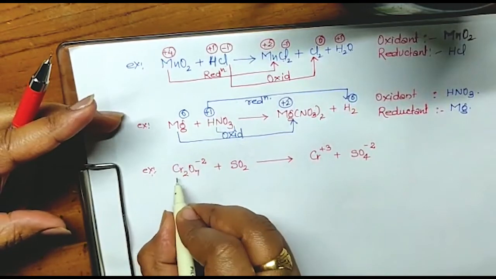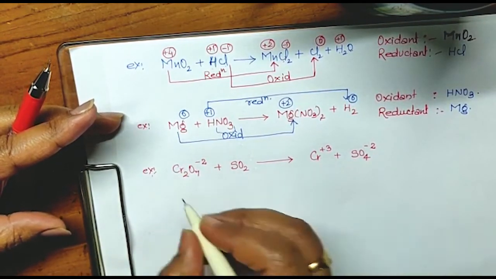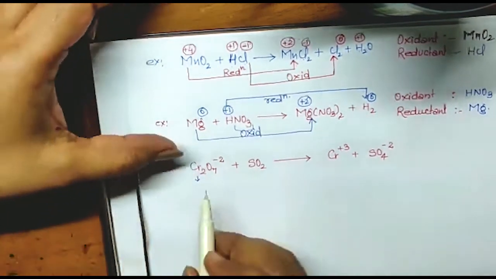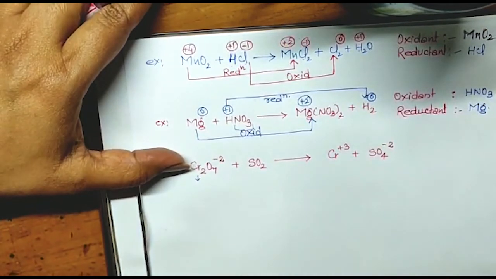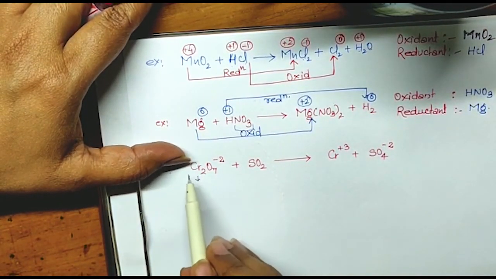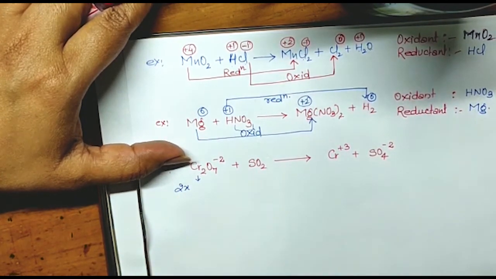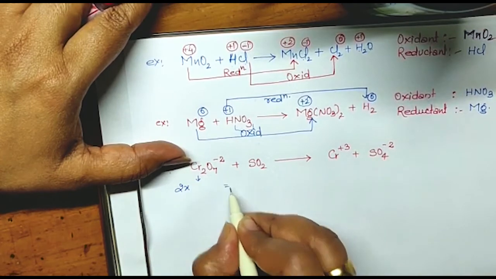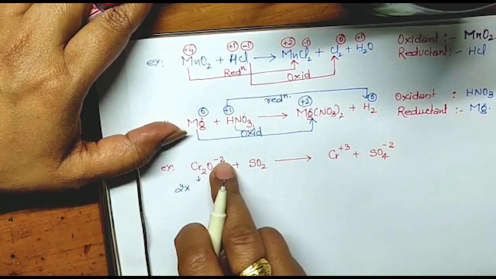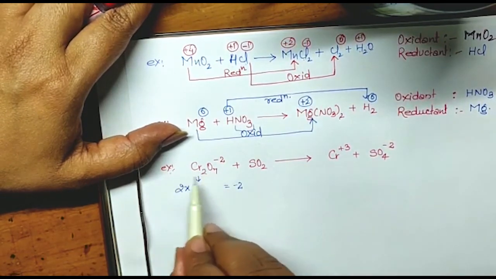Cr2O7. I don't know the charge on the chromium, so we have to find, isn't it? So see how to find. We don't know the chromium charge, so suppose it is X. Okay, how many chromium here? 2. So let it be 2x, isn't it? And I told you that the whole charge should be 0 if the compound is there, and if this ion is given, then whatever the charge is there, that will be the sum of the charge of these atoms.